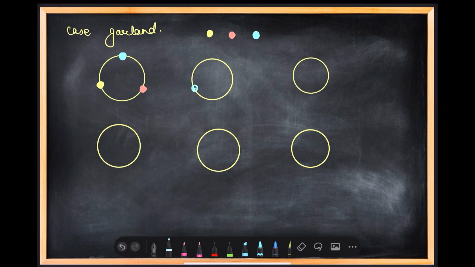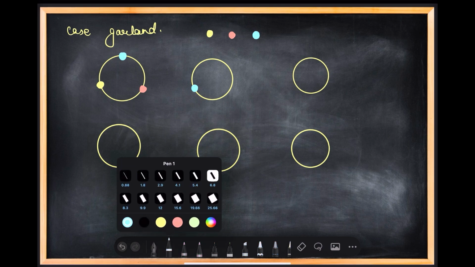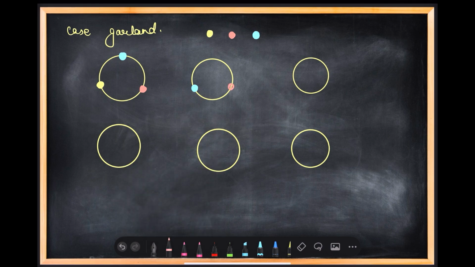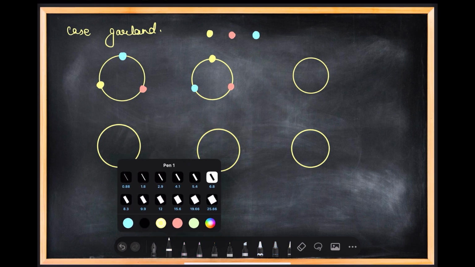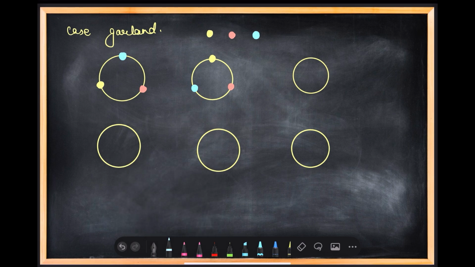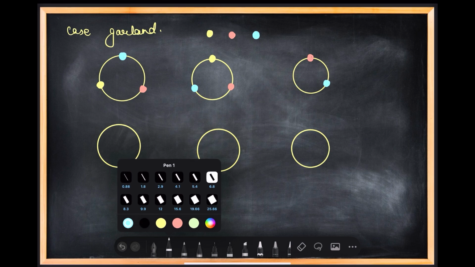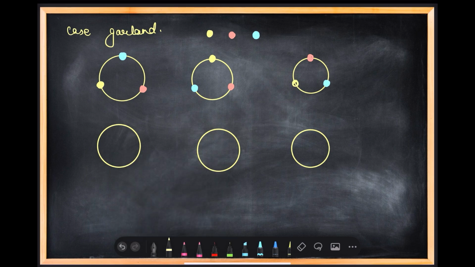I will ask blue to come here, red to come there. They will say yes, it is the same. And yellow would be placed over here. Now I will ask blue to be placed here, red to be placed here, and yellow to be placed here. So again they will say, sir, it is the same.